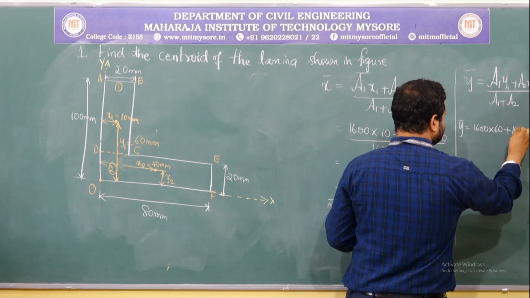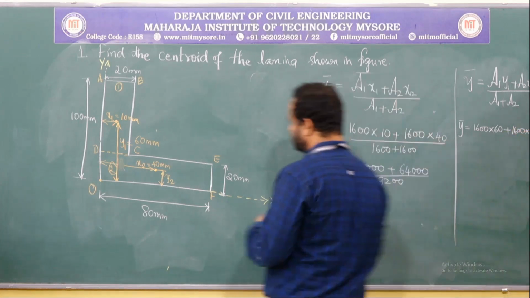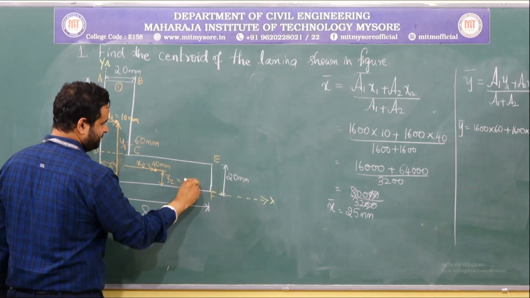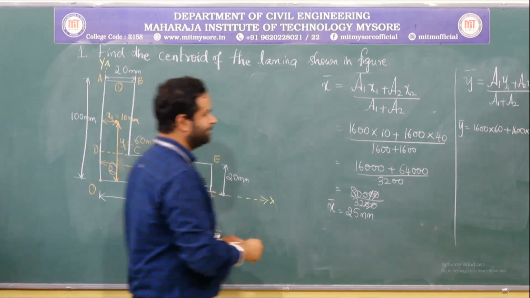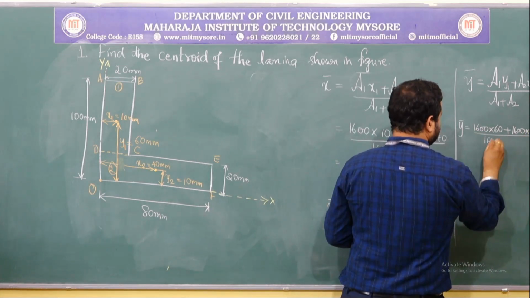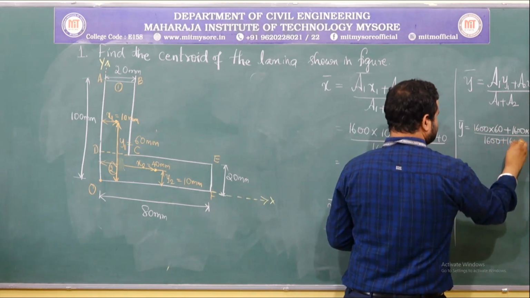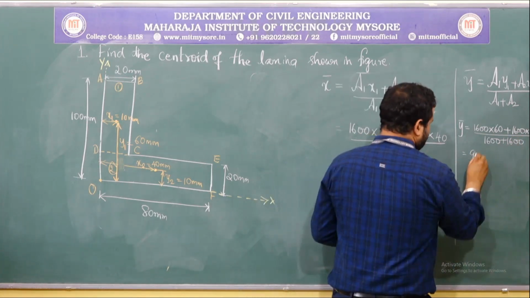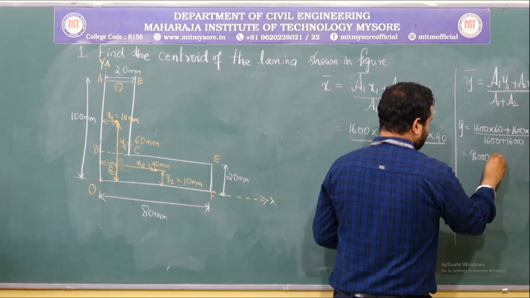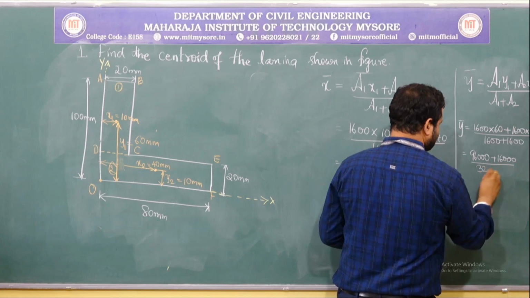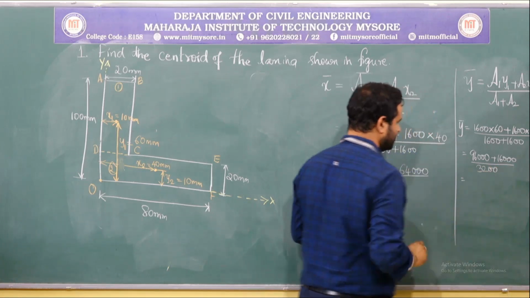Plus 1600 into y2. y2 is half of 20, which is 10 mm. Whole divided by 1600 plus 1600, which is equal to 96,000 plus 16,000 divided by 3200.